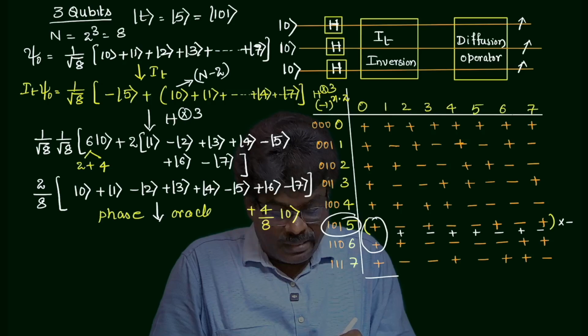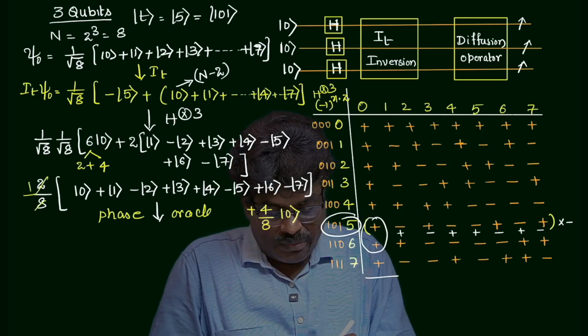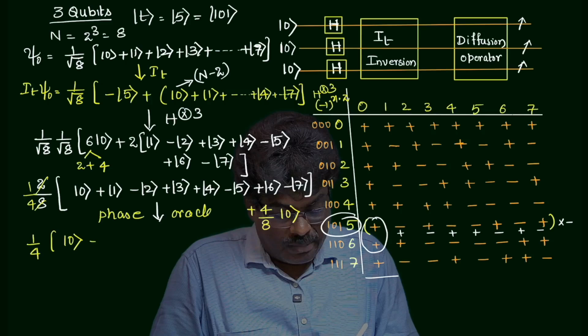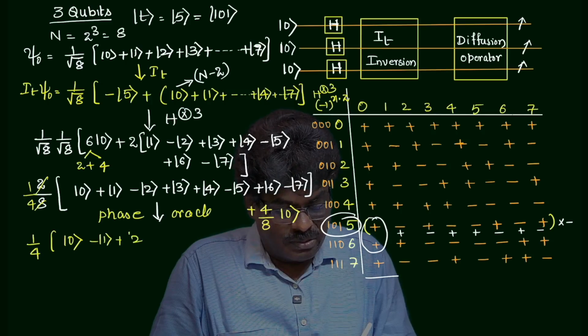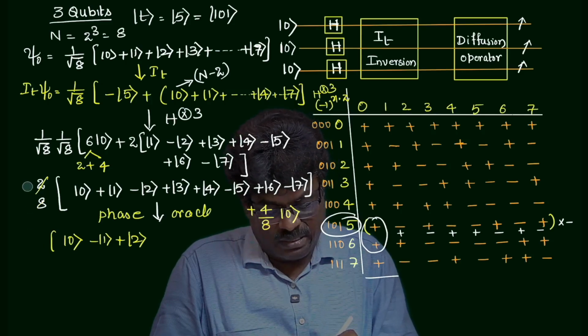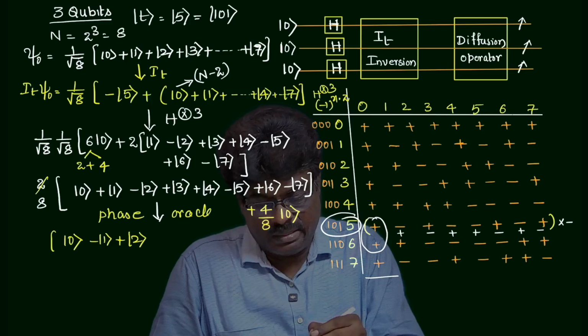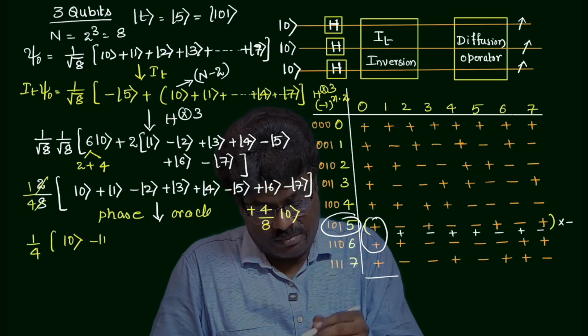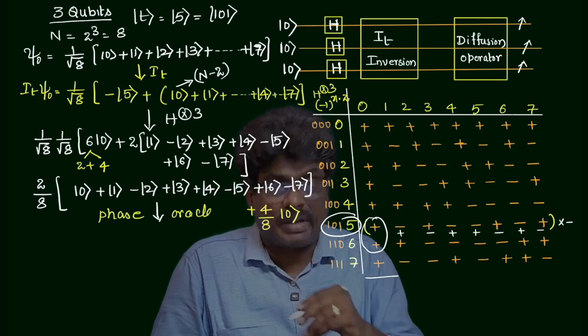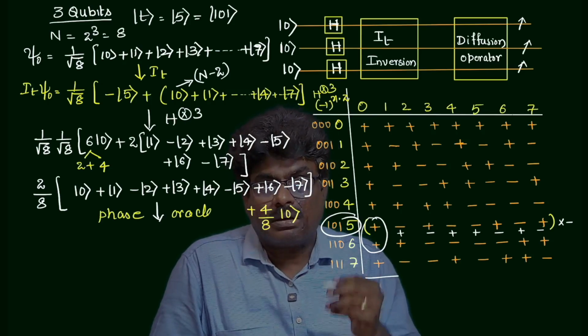So this will make, and here I can write it as 1 by 4. So 1 by 4, this is a 0, minus 1, plus 2, and otherwise you can keep it as 2 by 8 only. One minute. Because I want to get 2 by root 8, because I need 1 by root 8.